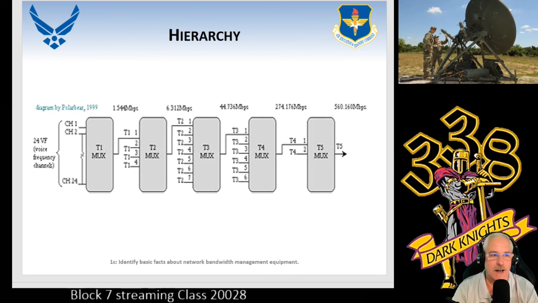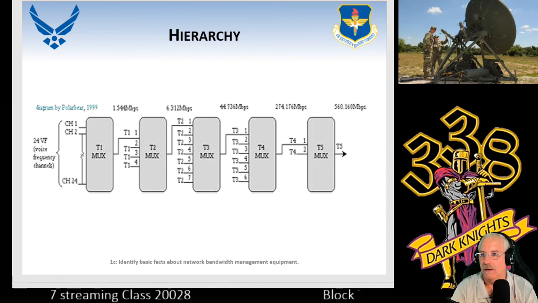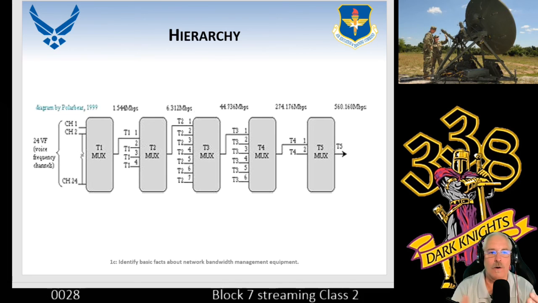So when it comes out, it should have 6.312 megabits per second. That's what makes a T2 line. In order to get a T3 line, you've got to have 7 of those T2 multiplexers. So you can see this is like the bottom of a triangle, working our way all the way to the top to get more and more multiplexers in there.